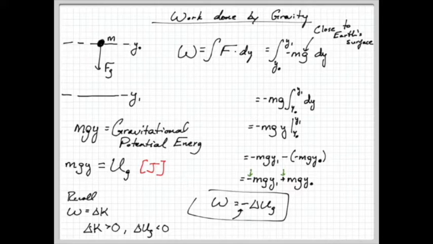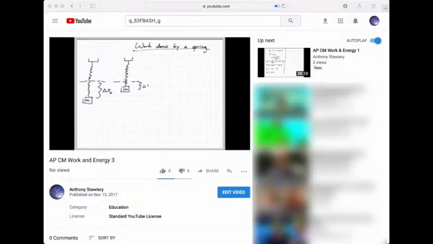All right, the other kind of potential energy that we can talk about involves the use of springs. Rather than redoing all the math for finding the work done by a spring, I recommend that you go back and look at Work and Energy video 3, where I work through how much work is done by a spring to move it from one position to another from equilibrium.